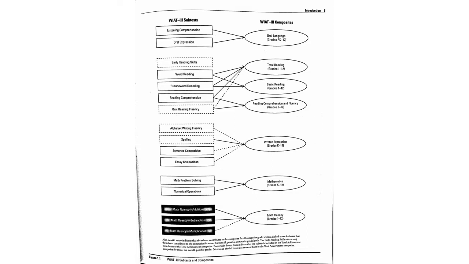So the oral language composite consists of listening comprehension and oral expression. So you can see how the other subtests contribute to different composite scores. There's one subtest that doesn't contribute at all to any composite score, and that's the early reading skills subtest.